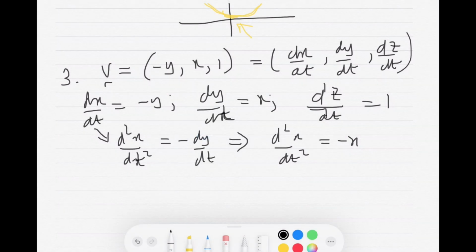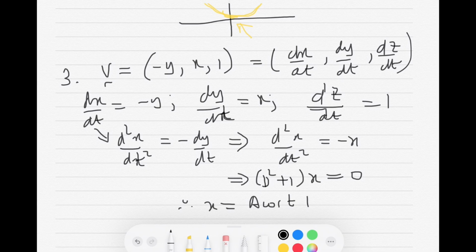What does it mean? We can solve this differential equation using D operators. Note that this is D squared plus 1 operating on x equal to 0, where D is d/dt. You are very familiar with that. So x is equal to a constant a cosine t plus another constant b sine t.